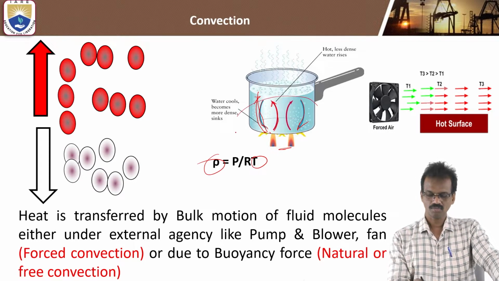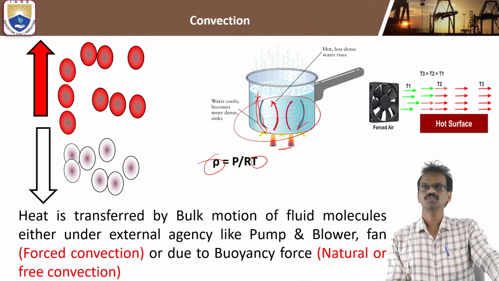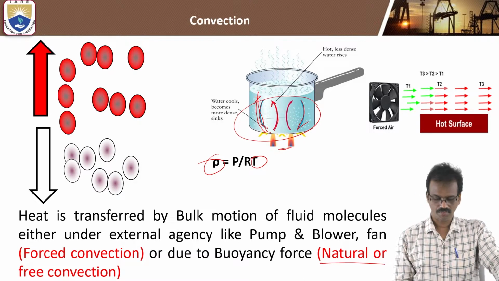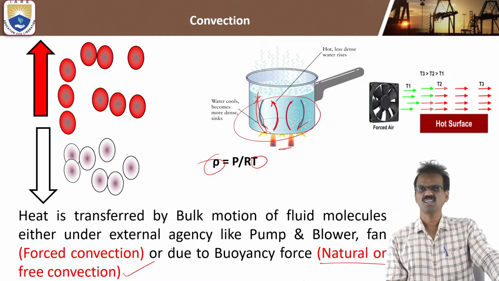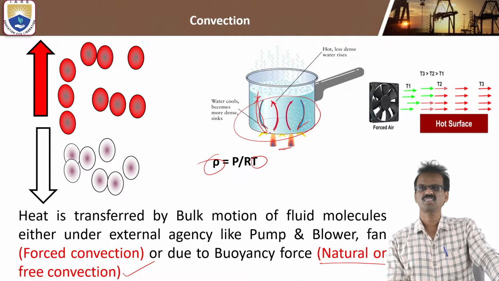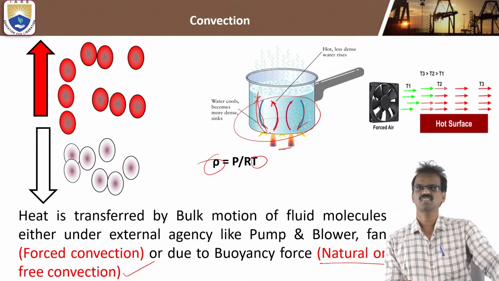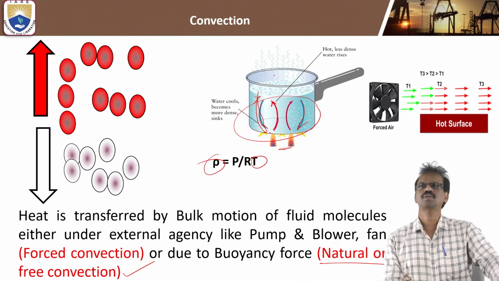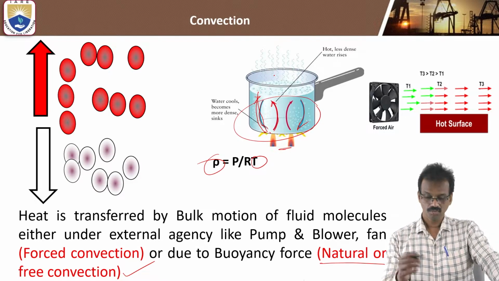It occurs naturally, so this type of convection is simply called natural convection. When the particles are heated, their density decreases. Those less dense particles move upward, and heavy dense particles move downward.